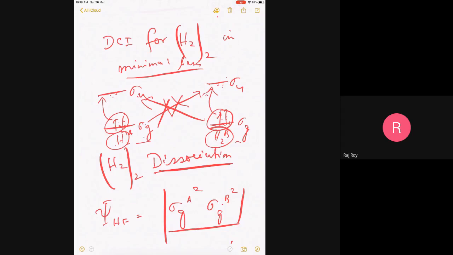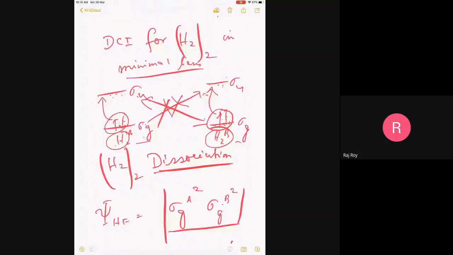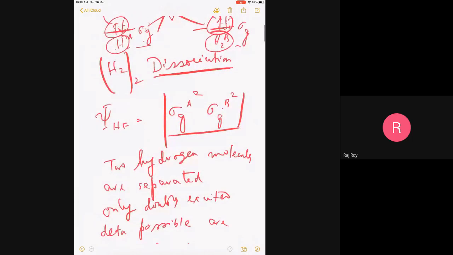So I have sigma. I will have excitation, apart from the Hartree-Fock of the H4, I will have one pair of excitation between sigma G and sigma U on the atom A, another excitation between sigma G and sigma U on the atom B. There will be no excitation between A and B because they are infinitely separated.